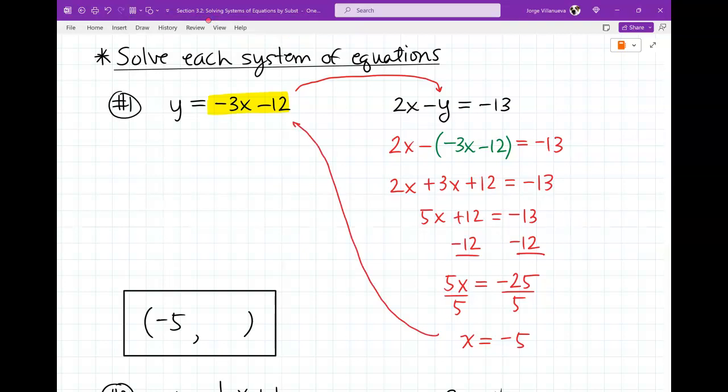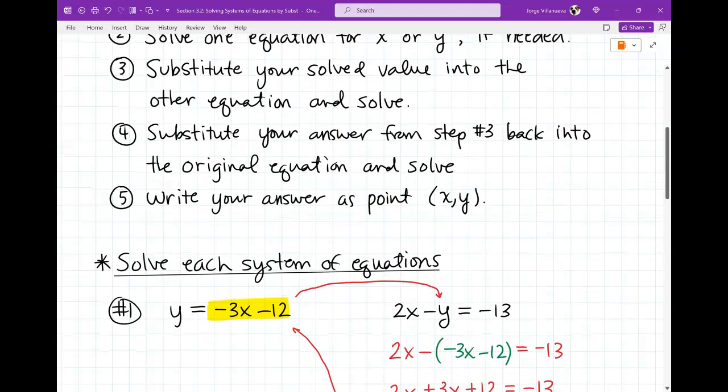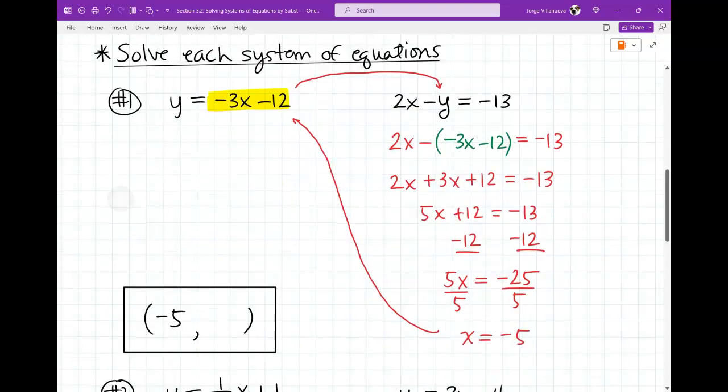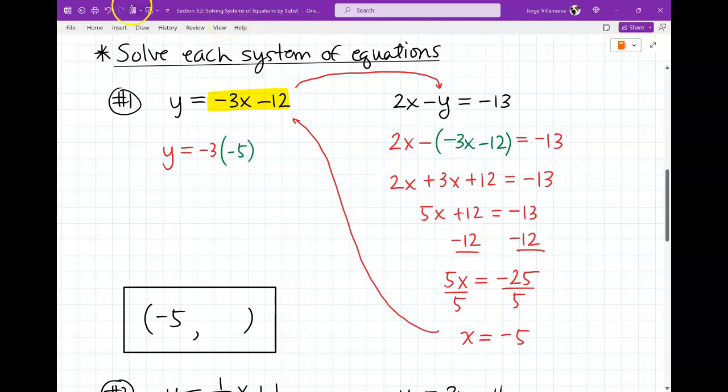So that's what step number 4 meant, right? Step number 4 says, substitute your answer from step number 3 back into the original equation, right? So this was my answer, x equal negative 5. It says, all right, throw it back to where you started and solve for y. So let me do that. Y is equal to negative 3 times negative 5 minus 12.